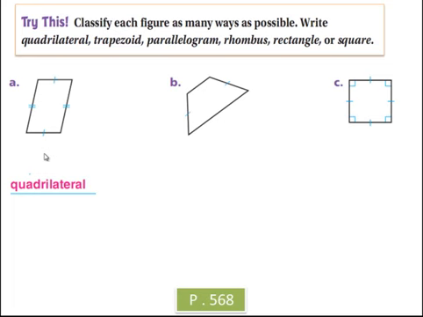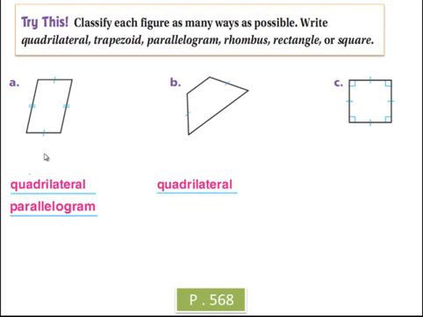Every one you should name a quadrilateral. Now, the first name for the figure A is quadrilateral. The second name is parallelogram. Is there any third name? No.